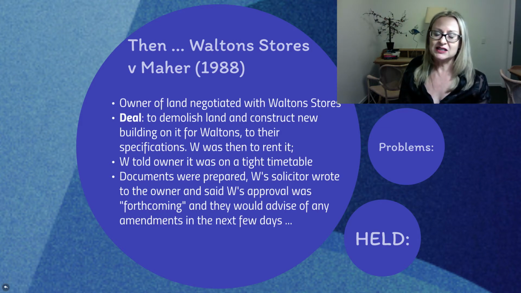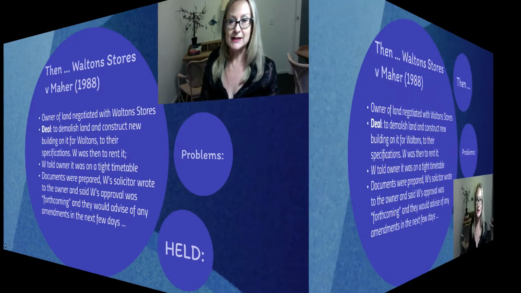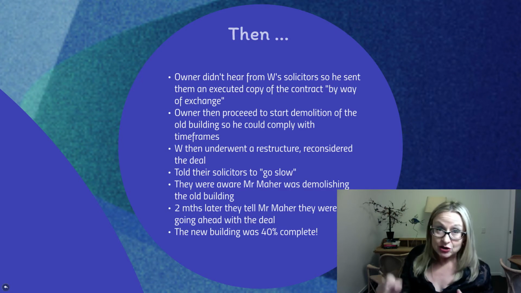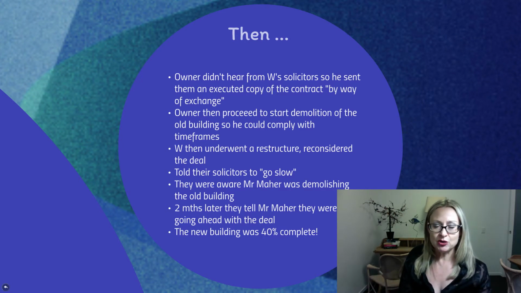The solicitor said that they would let him know if there was going to be any amendments required to the contract in the next few days. What happened then? Mr. Maher didn't hear from Walton's solicitors, and so after a couple of days had passed, no amendments had been requested. He signed off on his copy of the contract and sent it to Walton's solicitors by way of exchange.